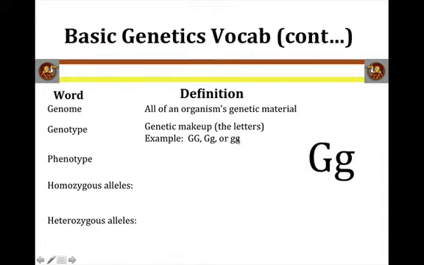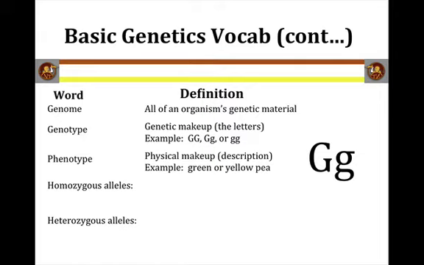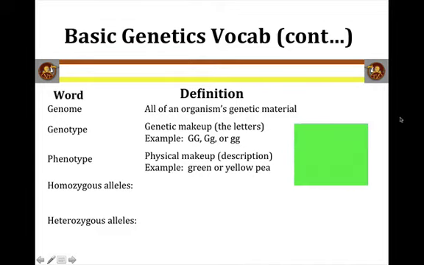Little g might mean that that's the allele for blue eyes. Okay, but they have a big G and a little g. This is green. That's the genotype. The phenotype is what occurs in the physical makeup. It's what is expressed on the outside. So the genotype for this person looks like this. Meanwhile, the phenotype would just be the color green.